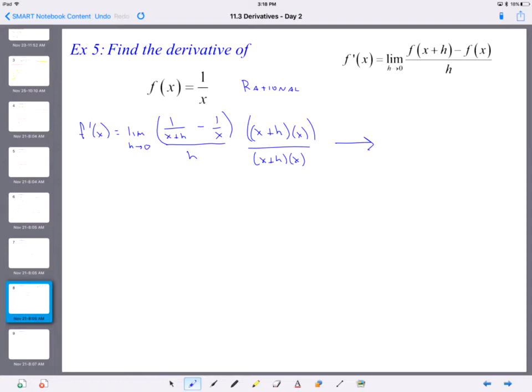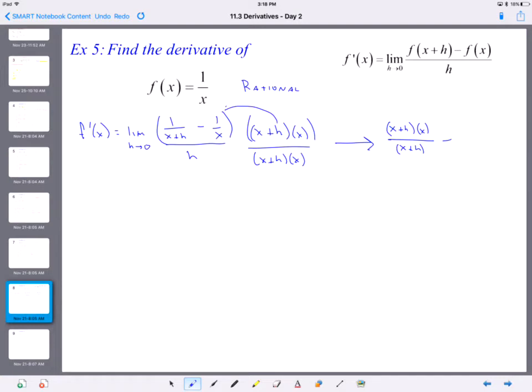So if we take x plus h, this whole thing times that one over there, that'll leave us with x plus h times x over the denominator of x plus h. So you're going to see that factor cancel out, minus, and then we'll do the same thing.